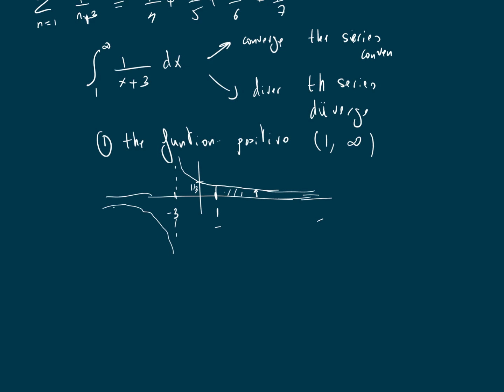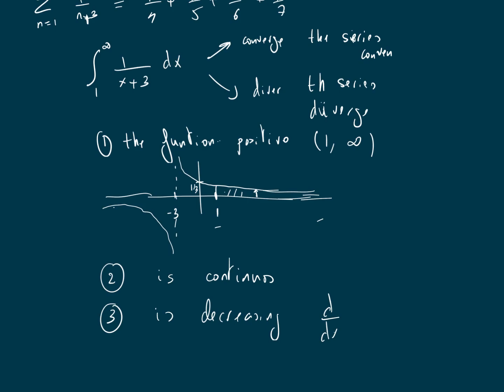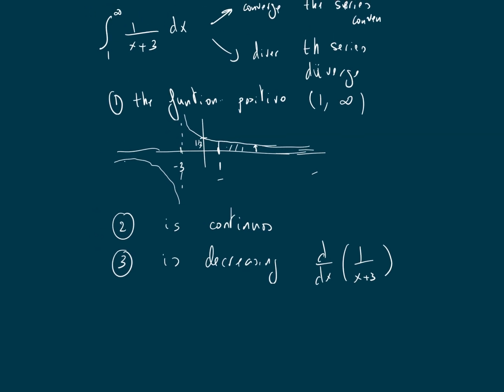Is it continuous? Well, the function is not continuous at x equals minus 3, but on the interval 1 to infinity it is continuous. The third condition is a decreasing function. To know if it's decreasing, I will take the derivative with respect to x of 1 divided by x plus 3. If this is negative for all x from 1 to infinity, the function is decreasing.